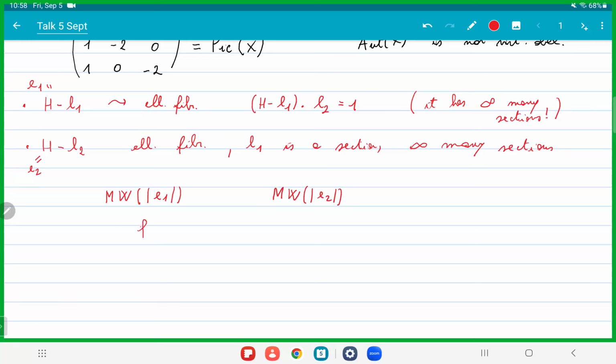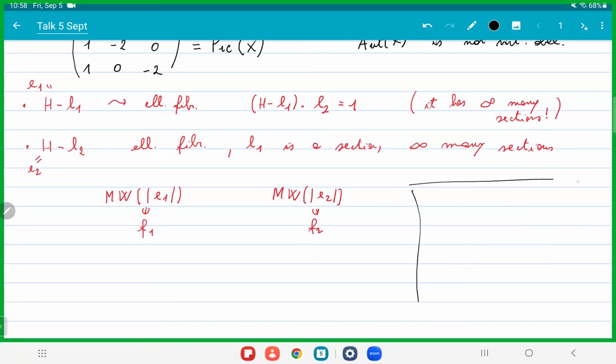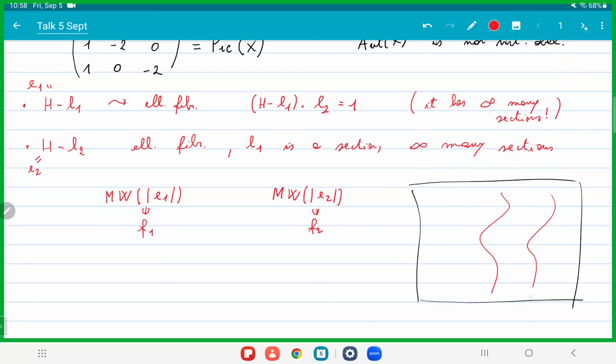So I can take here an element of infinite order. What I mean by this is I consider the translation by a non-torsion element in the Mordell-Weil group. So the picture looks like this. I have the elliptic fibration, I have the zero section, and I pick a section S of it that is non-torsion, and then I translate by this point.